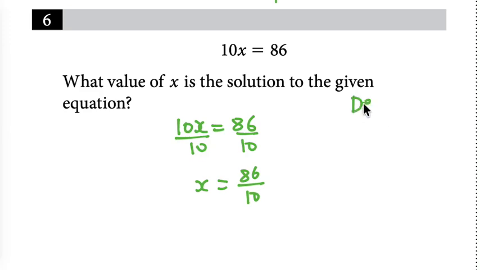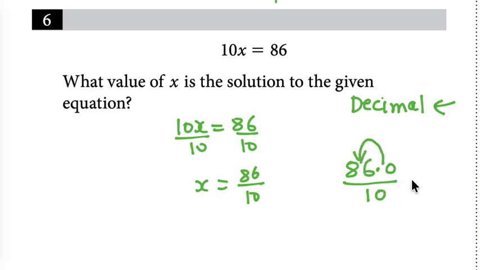So the rule is the decimal moves to the left hand side. Now you will say, where is the decimal in 86? There is no decimal. Okay. So 86, you can write it like this, right? By 10. And because there is one zero in the denominator, this decimal will shift 1 point and that will become 8.6.